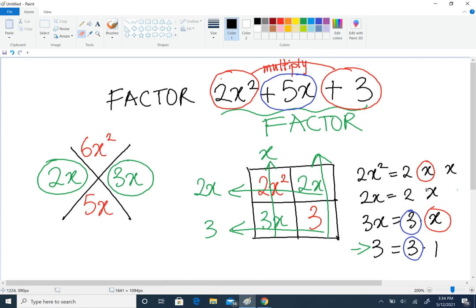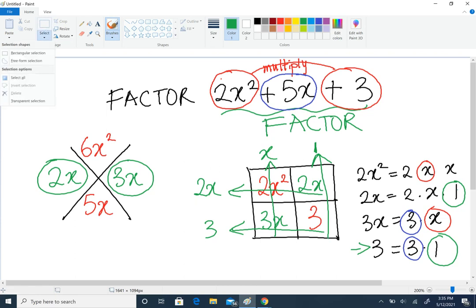So this is 2 times x. Okay, 2x is 2 times x times 1, right? Because everything really can be multiplied by 1. It's just invisible. So technically, 2x and 3 have a 1 in common. Okay, so that's the one that goes here. All right, so now we've actually found our factors.